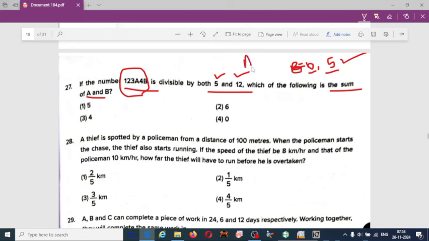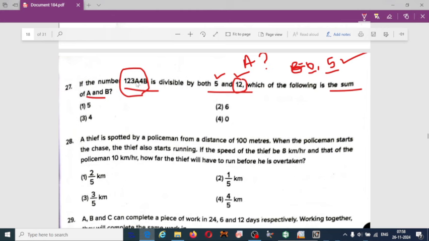What about A? If you observe from the given options, the number should be divisible by both 5 and 12. If B is equal to 0 or 5, it is obviously divisible by 5. But for 12, we have to verify from the given options 5, 6, 4, 0.